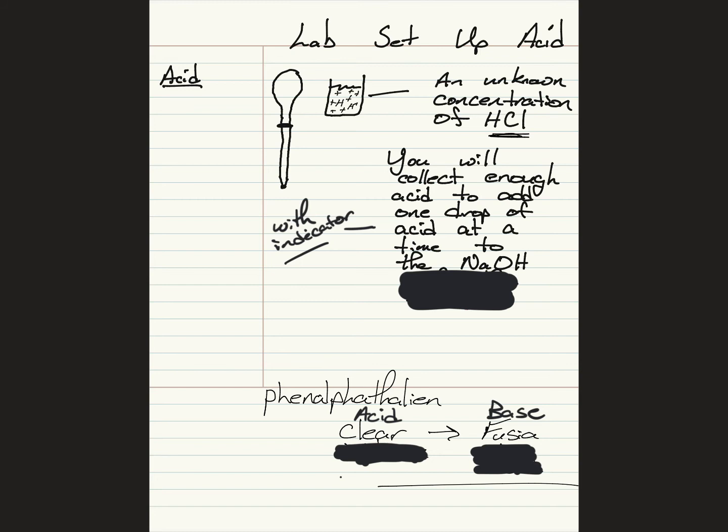Wow, that gives me an even bigger headache than I had when I started. So it's clear in an acid, and in a base, it's fuchsia. It's like a pink-red color. It can turn pretty dark if it's really basic. Are we good then?